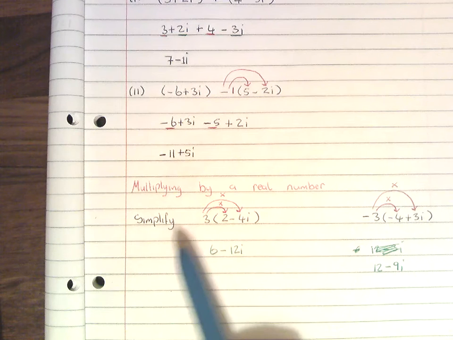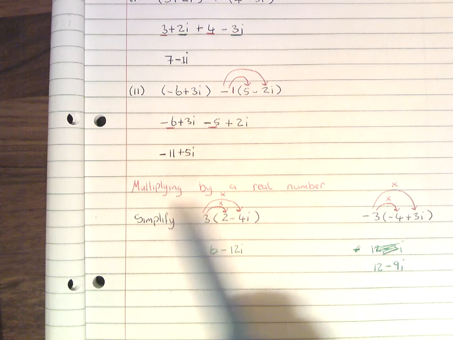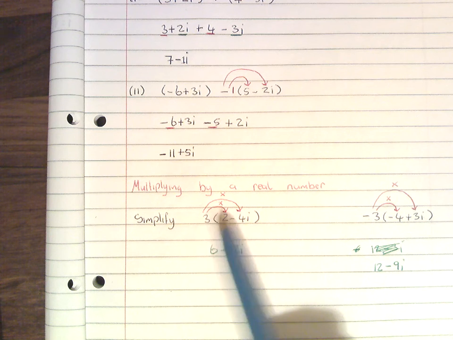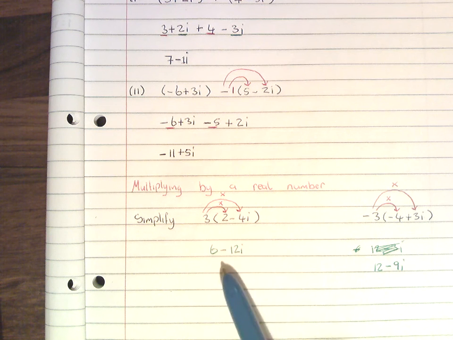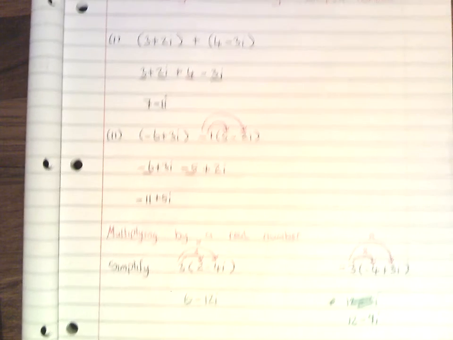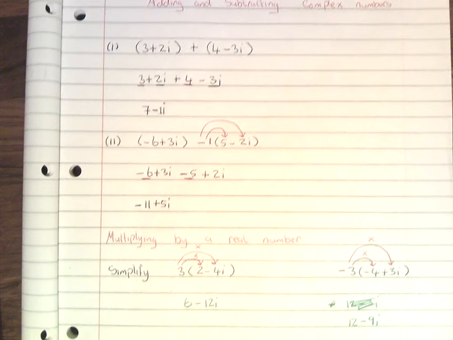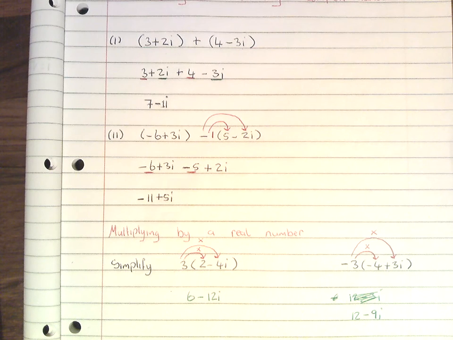And when you're multiplying by a real number, you can just multiply the real number by the real part and the real number by the imaginary part, and you get your answers just like we've done in these two here. Okay, so that's adding and subtracting complex numbers, and then multiplying a complex number by a real number.